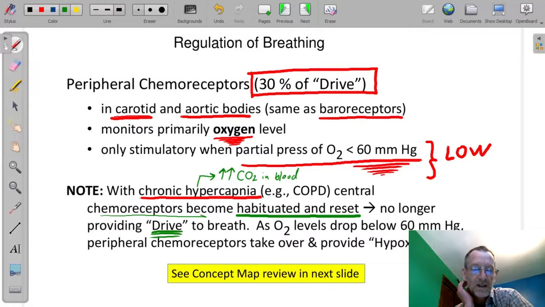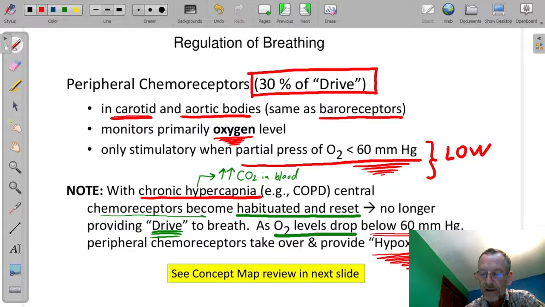Well, with COPD, as the CO2 level goes up, the oxygen level is typically going down also. So with CO2, they can't get the oxygen in the blood, and it then drops below 60 millimeters of mercury. So now those peripheral chemoreceptors kick in, take over, and provide what's referred to as a hypoxic drive.